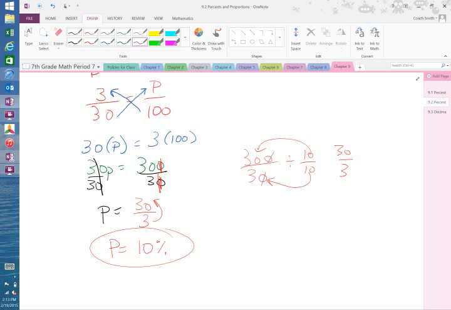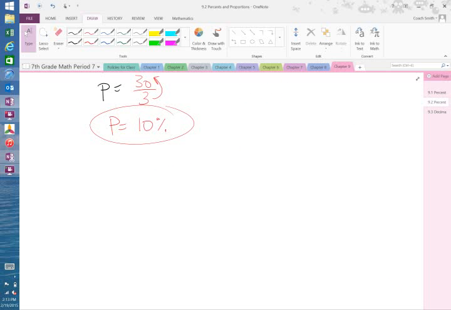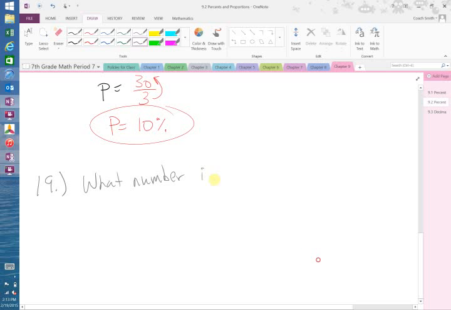All right. Let's look at the next sentence. Number 19 says, what number is 14% of 350?